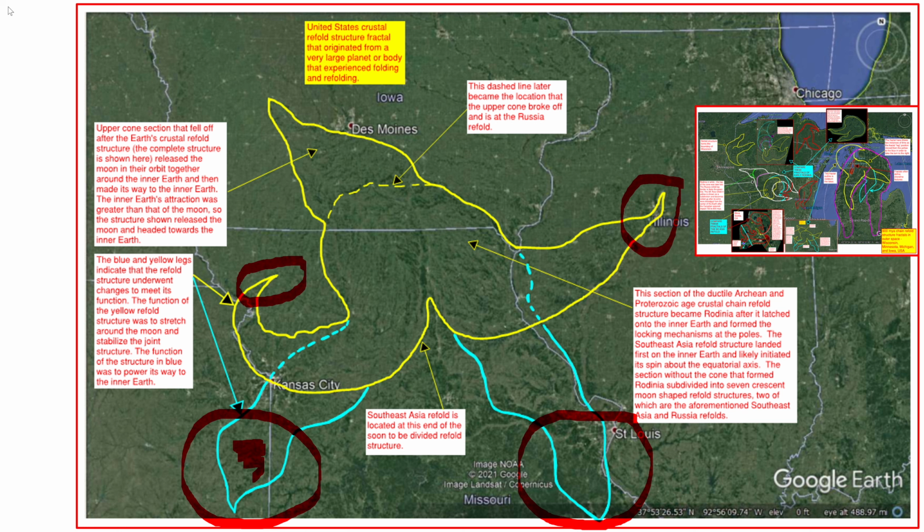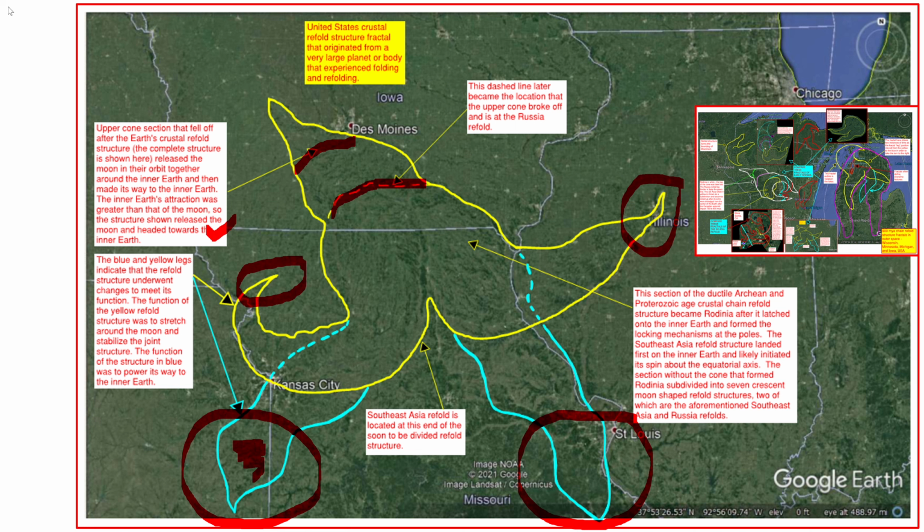Anyway, what I wrote in these text boxes, here's that weak spot again. I can't find the other one, somewhere here. I wrote: upper cone section that fell off after the Earth's crustal refold structure. The complete structure is shown here. It released the moon in their orbit together around the inner Earth, and then made its way to the inner Earth. The inner Earth's attraction was greater than that of the moon, so the structure shown released the moon and headed toward the inner Earth.